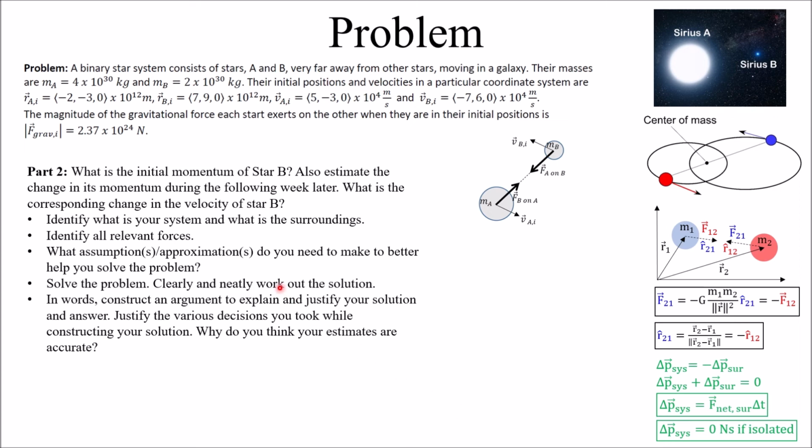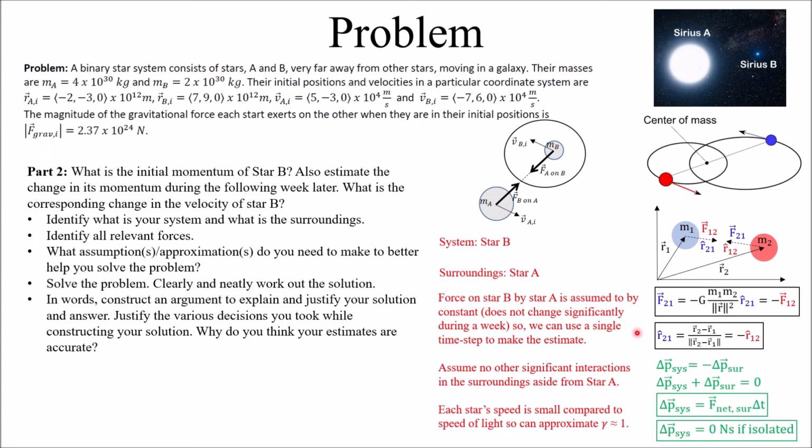Okay, so now part 2, it'll be a little bit more messy. We're looking at just star B as our system, so the surroundings would be star A in terms of what's significant. The force on star B by star A is assumed to be about constant for that week, because in a period of 50 years, 1 week is not that much.